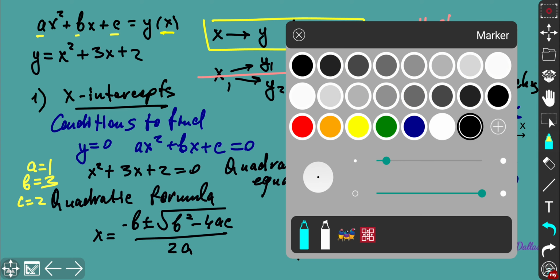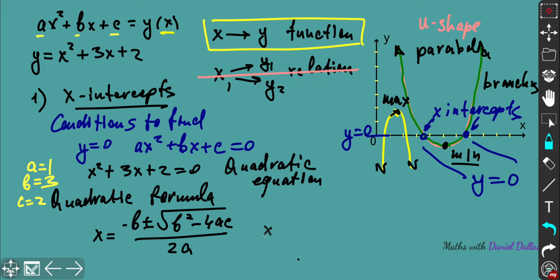Let's just find it quickly. So x1 and x2 equal minus 3 plus or minus, and let's calculate what stays under the square root. This is called the discriminant, and it actually tells you something very interesting: it gives you an idea of what sort of parabola you'll have.